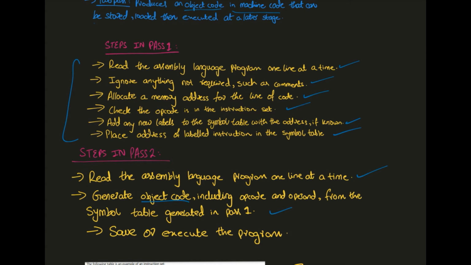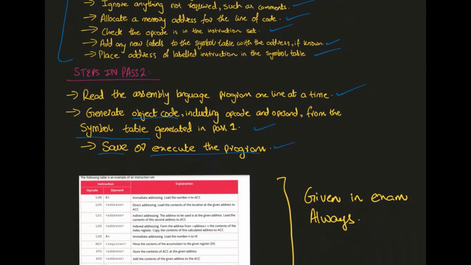This is like generating an executable file, and the symbol table is very necessary in order to create that object code. Then you can save the executable file, or you can execute it right away. It's up to you. So pass two is a combination of pass one and a few steps added to the same procedure.